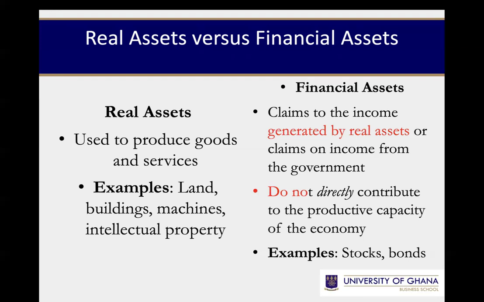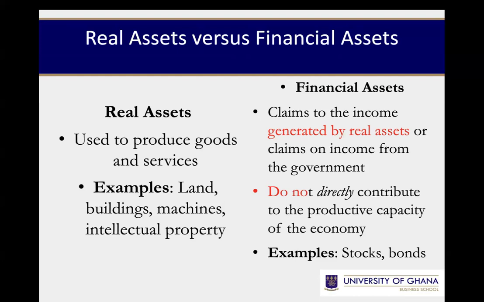So what it really means is that financial assets do not directly contribute to the productive capacity of the economy. And these examples include stocks, bonds, etc. What this seeks to tell us is that in an economy that seeks to grow, first and foremost, it must have land, buildings, machinery, intellectual property, which it uses to produce goods and services which it can trade for value.